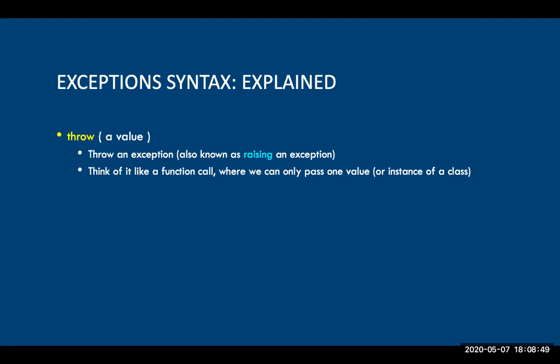But the reason we do it is because these things exist in very separate locations in our code. So we can have a try block where we say, hey, we're going to try a bunch of things here. And maybe if some bad conditions happen in one way, we're going to throw some A value. And if they happen in a different way, we're going to throw some B value. And these might be of different types.